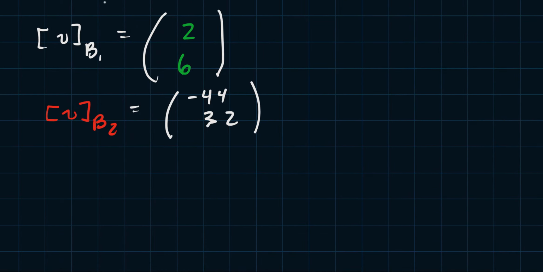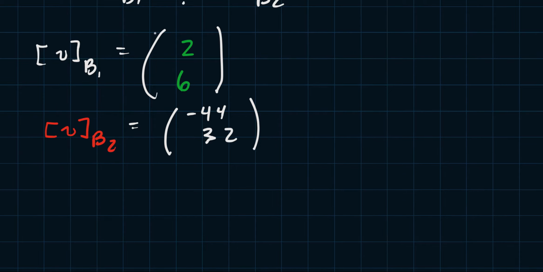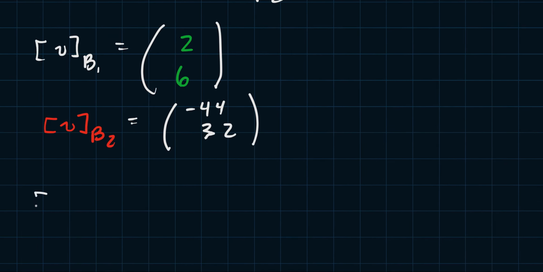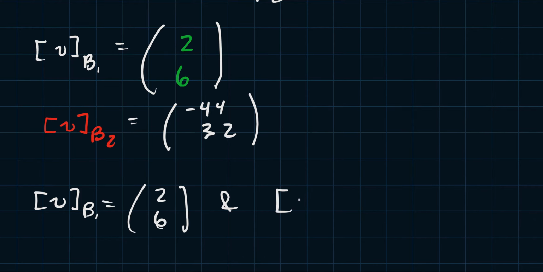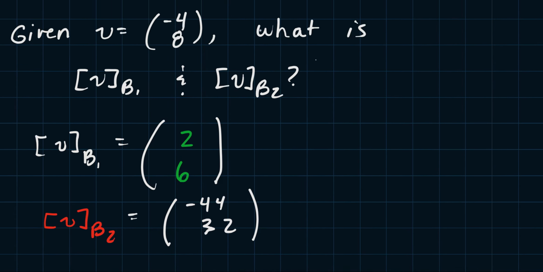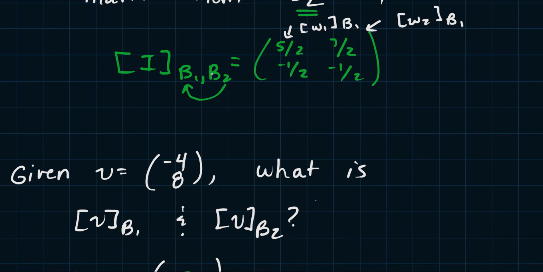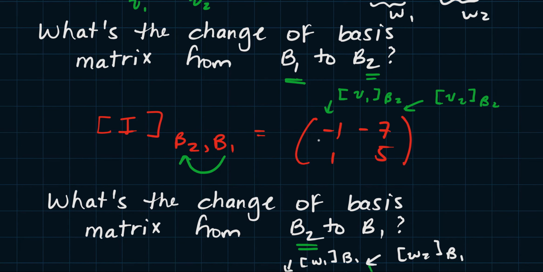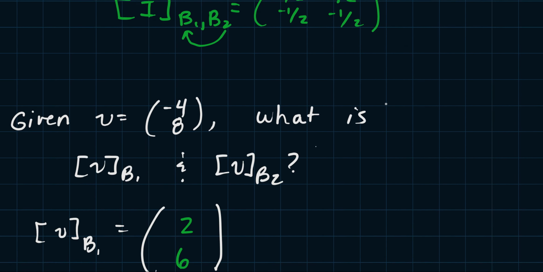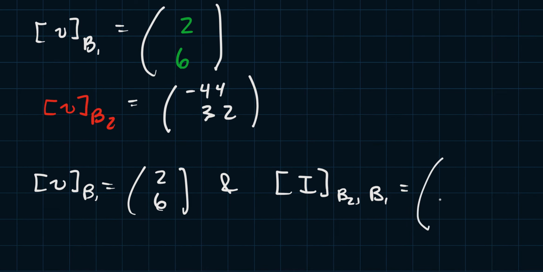So let's go with this one. We have that V of B1 is equal to 2, 6. And we have this change of basis matrix that takes B1 to B2. Let's scroll back up. So B1 to B2 is this one: -1, -7, 1, 5. So let's put this down here.